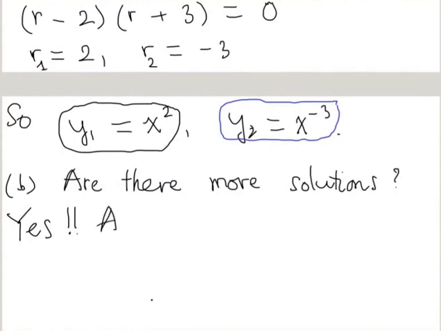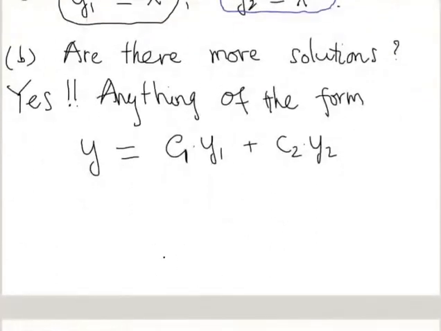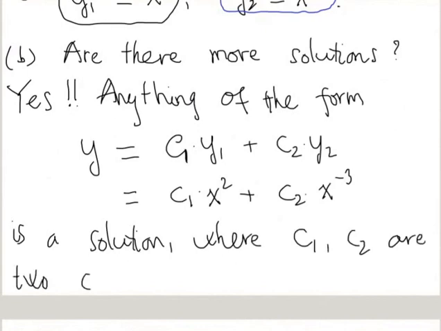In fact, anything of the form y equal to c1 times y1 plus c2 times y2. In this case, we have c1 times x squared plus c2 times x to the negative 3 is a solution, where c1, c2 are two constants.